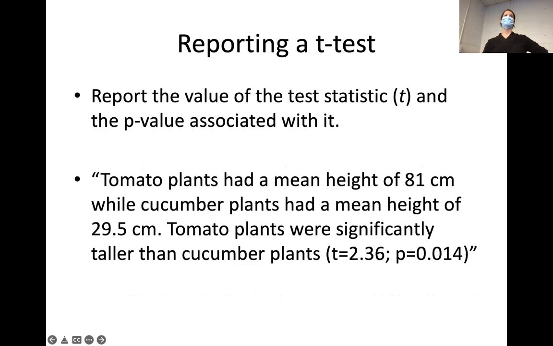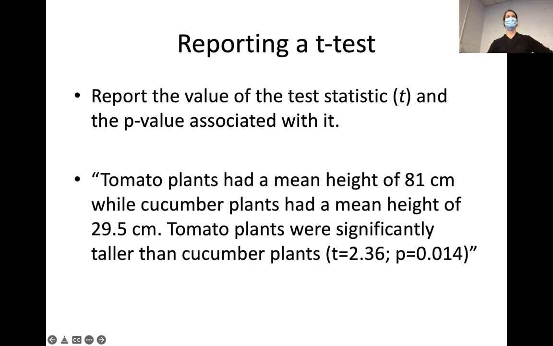When you report the t-test, this is where I have exactly how you'd report it. When you write up results for any of the reports you're going to be writing, you want to report the test statistic and the p-value in a specific way. I don't want you to write in sentence form that the t statistic is this and the p-value is this. I want it like this.